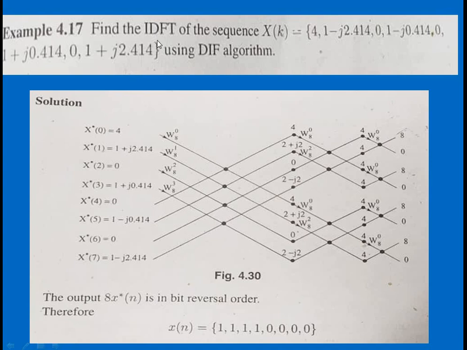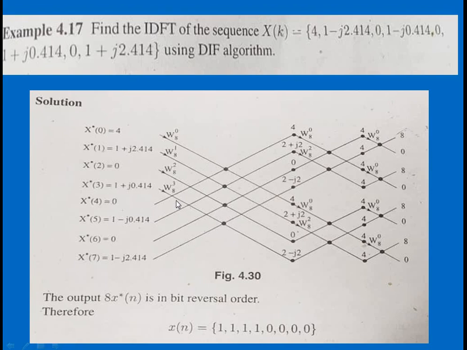And for IDFT we are just going to take the conjugate of the inputs. We all know that we have to change the sign of the imaginary part for writing the conjugate. Okay, and after that, in the first stage, we have 4 butterflies per block.